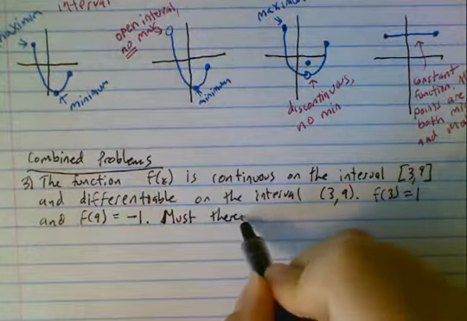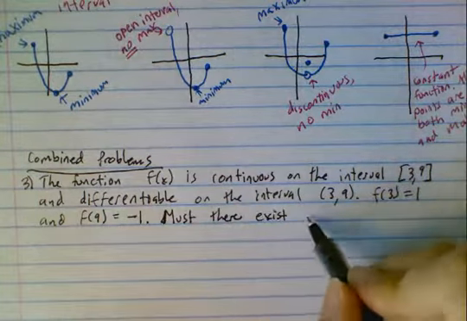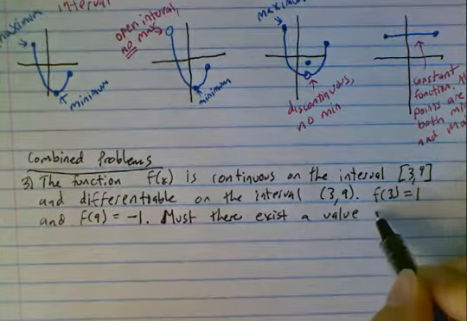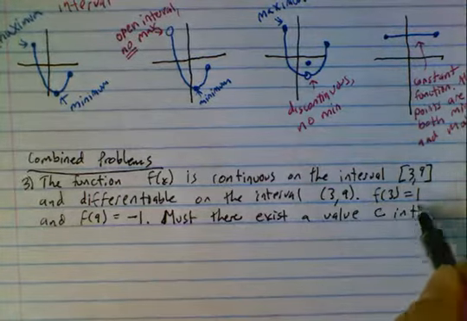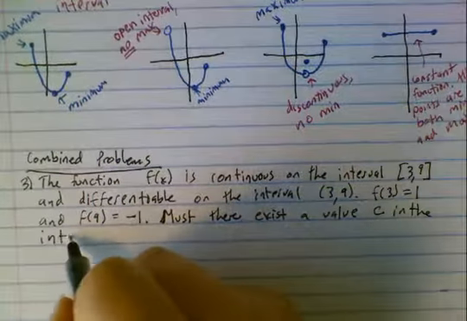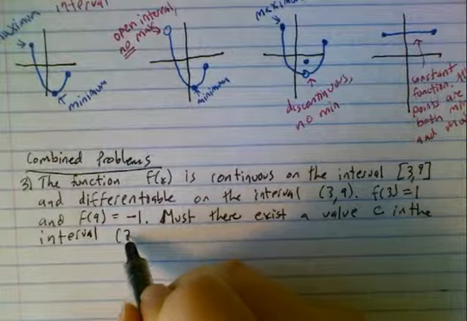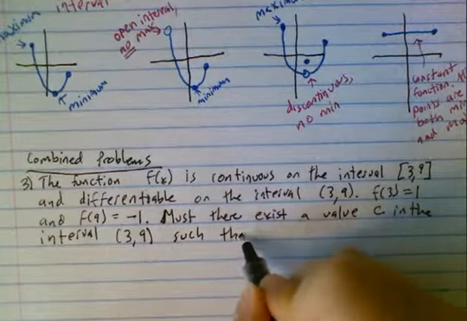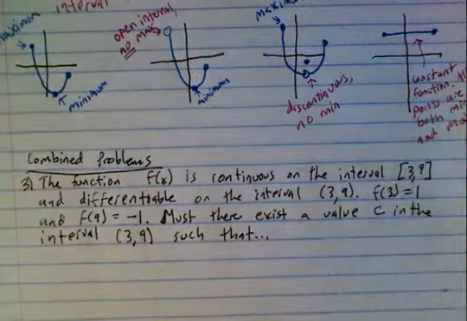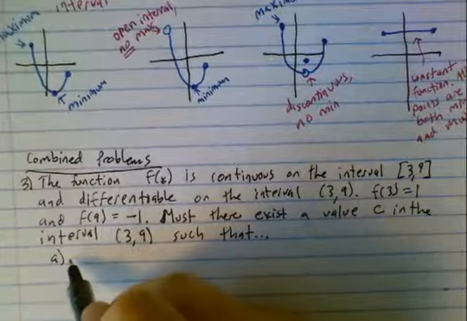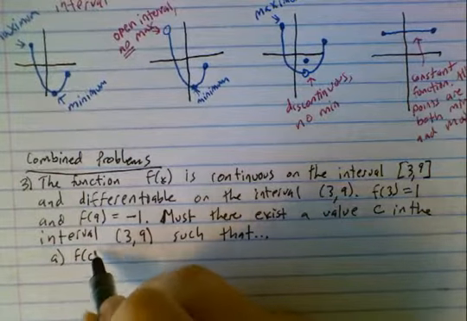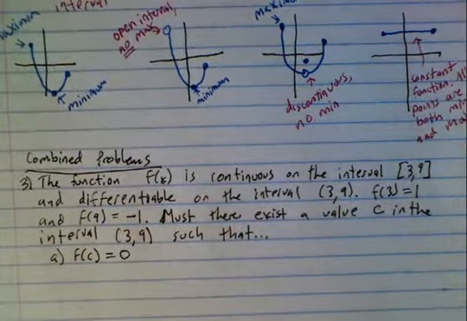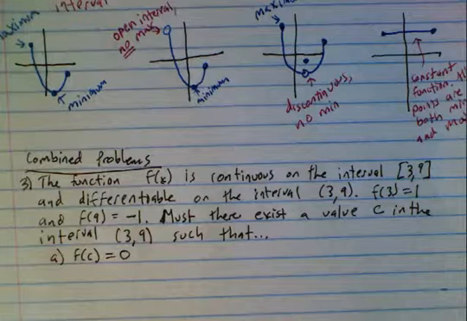Must there exist a value c in the interval (3, 9) such that each of the following are true? So for the first problem, we're going to look at f of c equals 0. Does this have to be true? So pause the video for a second, look back at your notes, think about that, and start the video again when you have your answer.